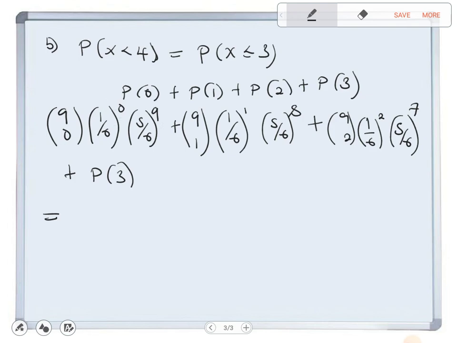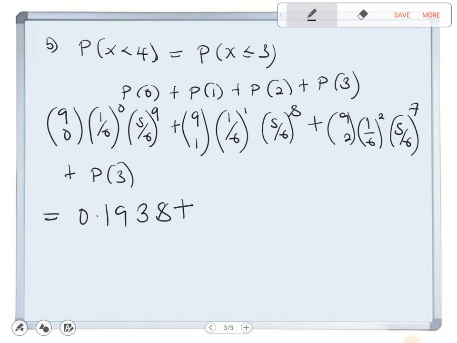So the only thing that we'll be dealing with is 5 over 6 to the power 9. It's giving me 0.193, so I'll just write in decimal places 0.1938. I'll just end it there.